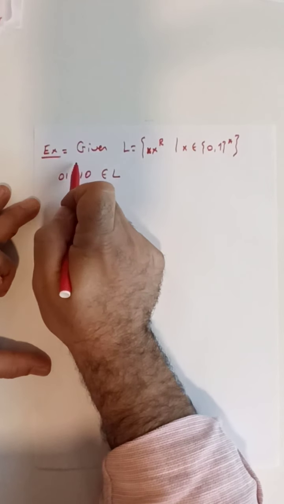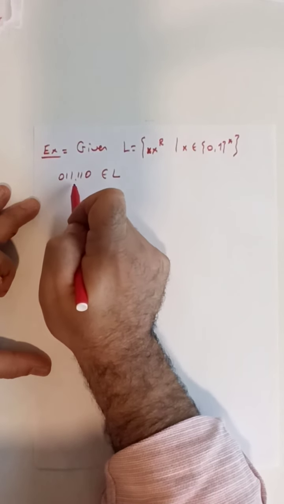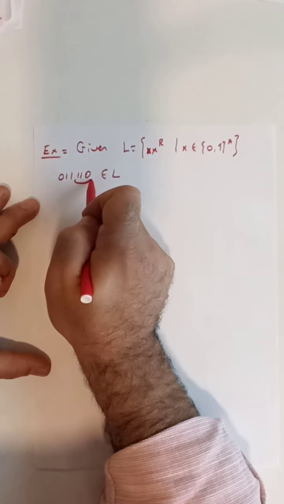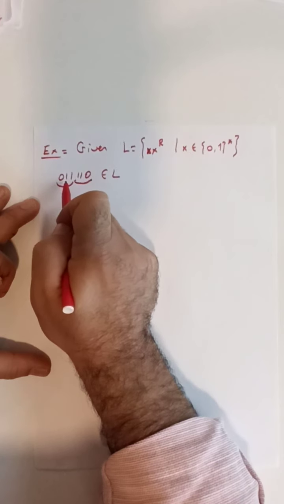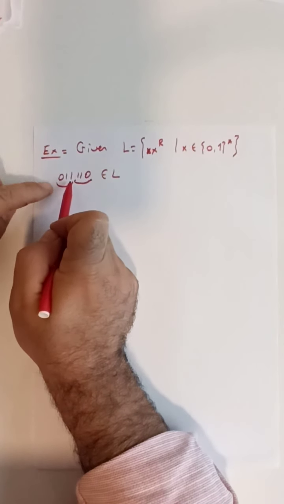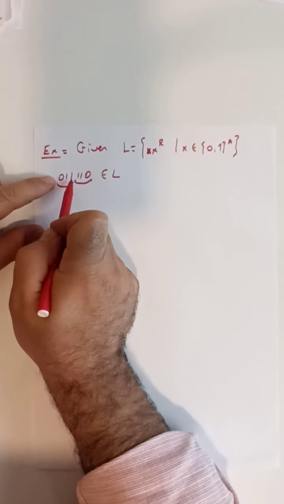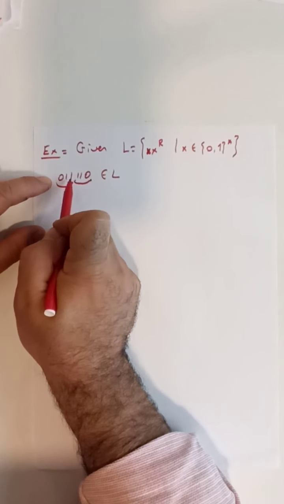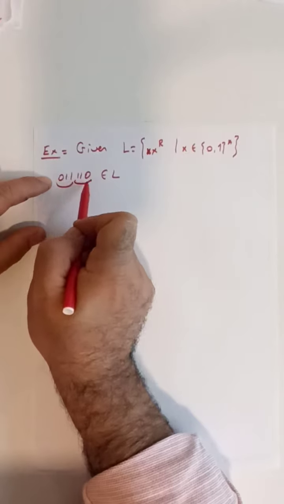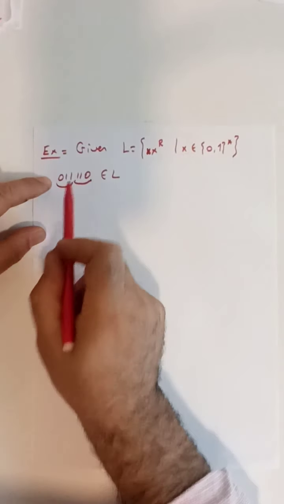Because we can split the string into two equal halves, so that the second half, 1 1 0, is the reverse of the first half. The reverse means reading the string from right to left. If I read the first half of the string from right to left, I have 1 1 0, which is the second half of the string. So this string belongs to the language.